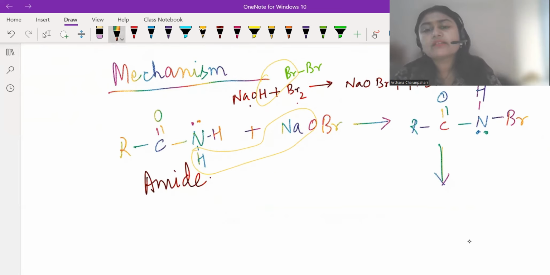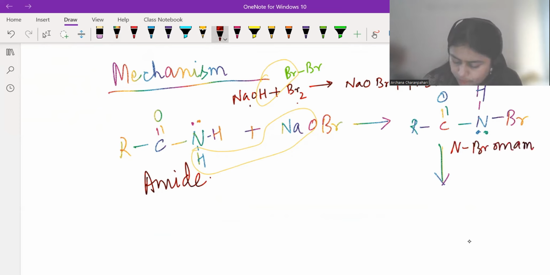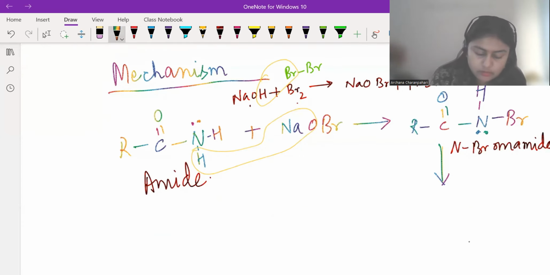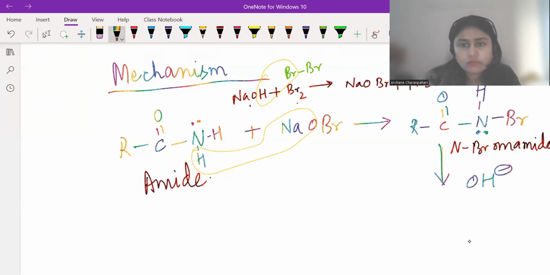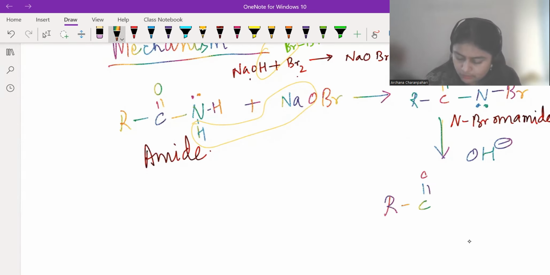So this is known as N-bromamide. Next step will be what? Again, N-bromamide is treated with OH. One more hydrogen, a proton, is there. So this is formed, the N-bromamide anion, with a negative charge. This is known as the N-bromamide anion.